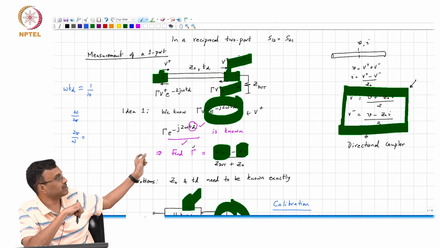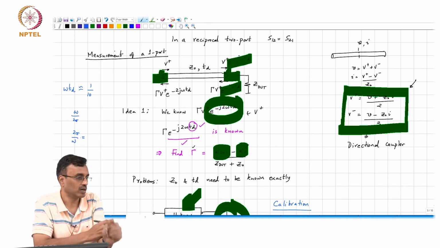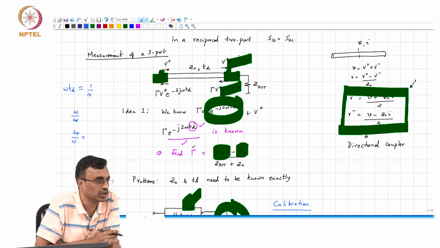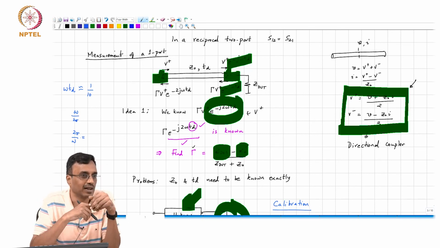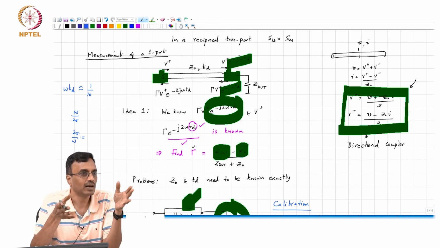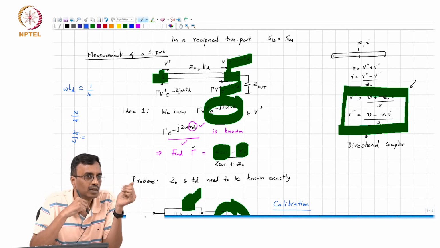So this omega times Td product not being sufficiently close to 0 basically means the physical dimensions of your transmission lines, or the circuit that you are working with, become comparable to the wavelength of light at that frequency.